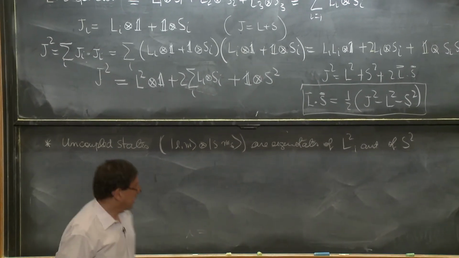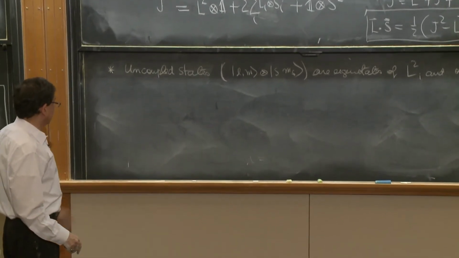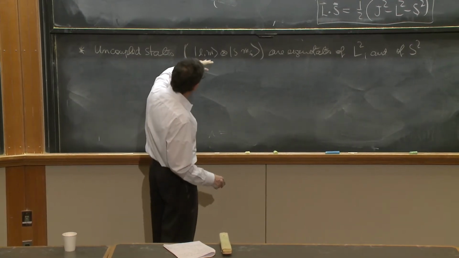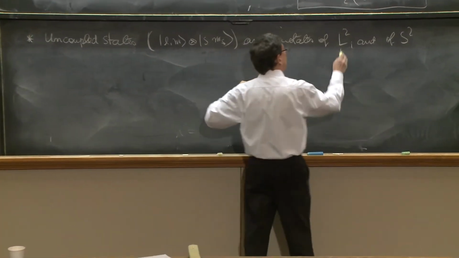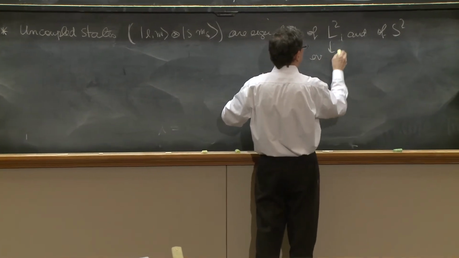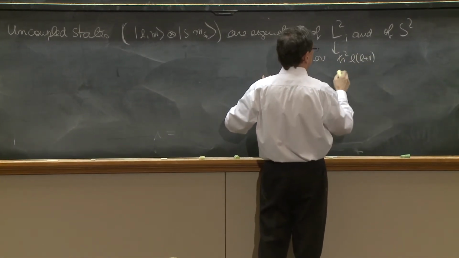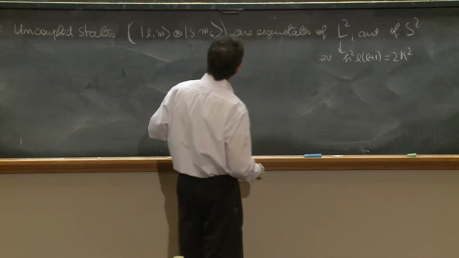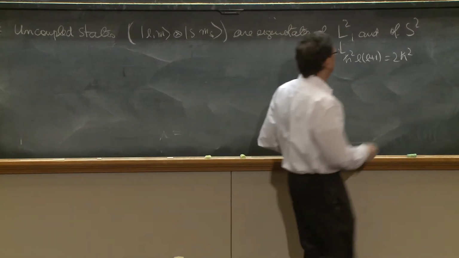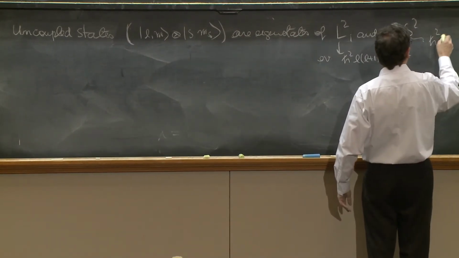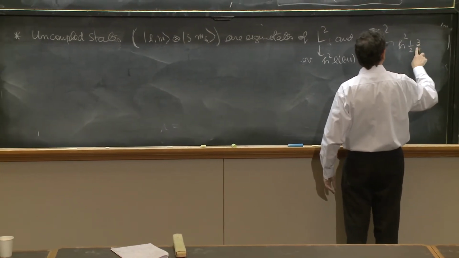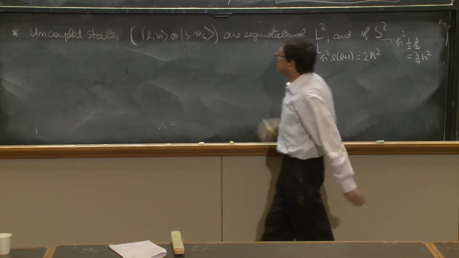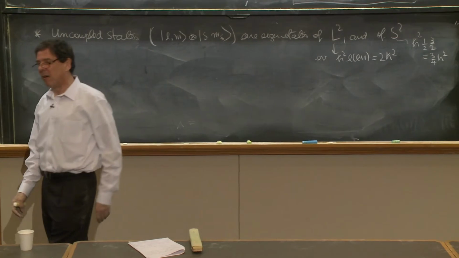Any linear combination of the uncoupled states, and they are all more important than that, all of them have the same eigenvalues. The eigenvalue here is ħ squared L times L plus 1, which is 2ħ squared, because we're working just with L equals 1. And the S squared eigenvalue is ħ squared, 1/2 times 3/2, so it's 3/4 ħ squared. So they're all degenerate eigenstates of L squared and S squared.